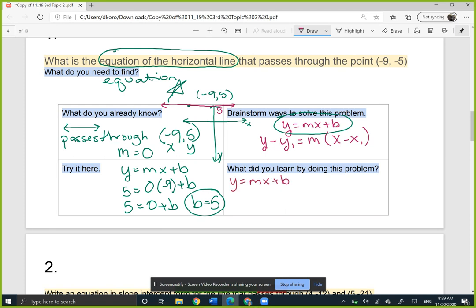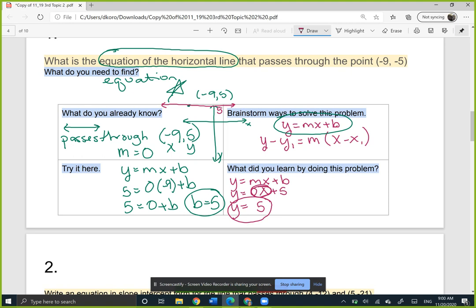When I write the equation, all I need is the slope and the y-intercept, and I'm going to keep the y and x variables. So y is equal to 0 times x plus 5. Then I simplify. 0 times x is 0, so y is equal to 5. That is the equation of my line.